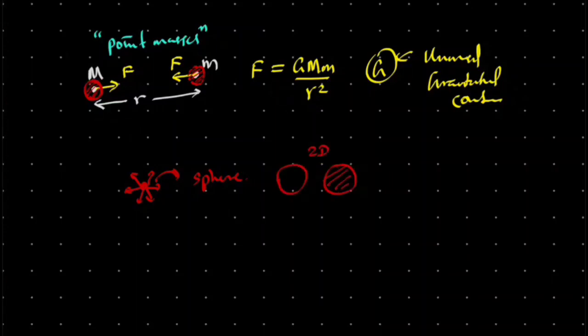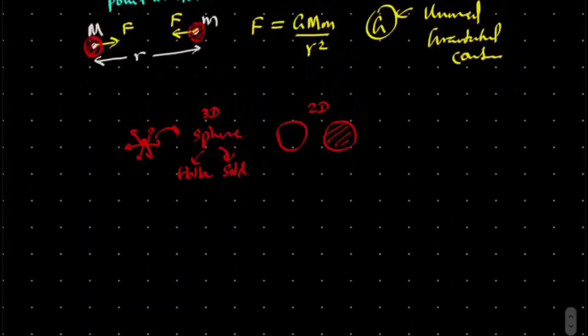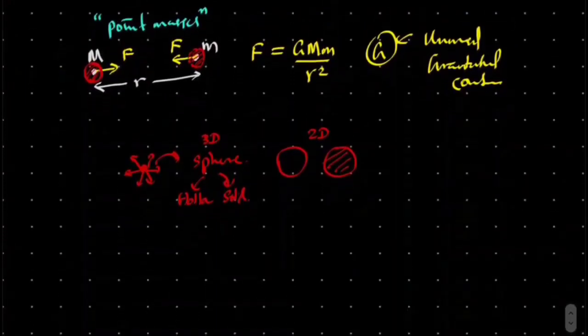A sphere in three dimensions could be hollow or solid. It doesn't matter as long as it has that radial symmetry, radially the same in all directions.